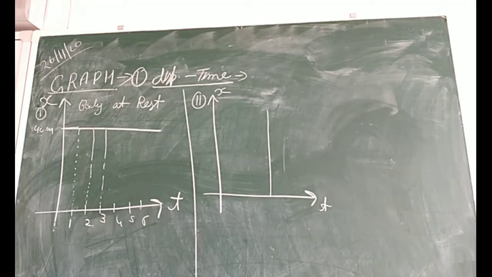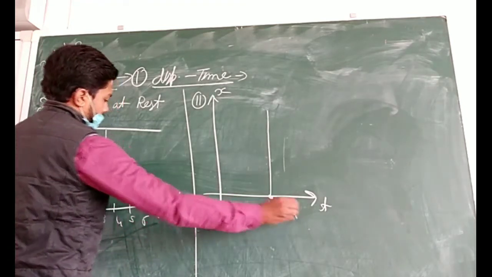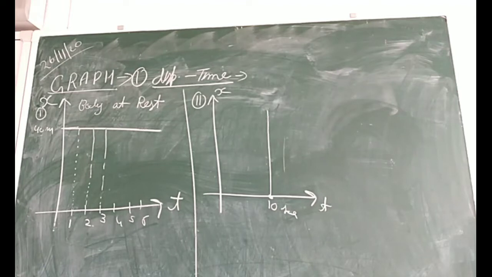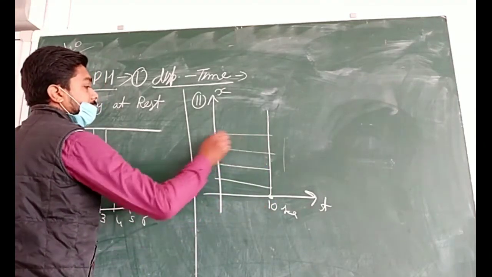Anyone? Which type of motion is represented by this graph? Actually, students, from this graph again you can observe that suppose this time is 10 seconds. At 10 seconds there are so many displacements.